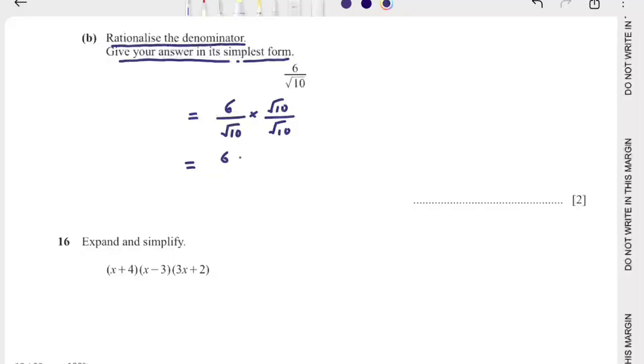It will be 6 times square root of 10 upon square root of 10 whole squared. 6 times square root of 10 divided by 2, the square will cancel with the root, it will be 10. Now we have to simplify it, 2 times 3 and 2 times 5. So the final answer would be 3 square root 10 divided by 5.